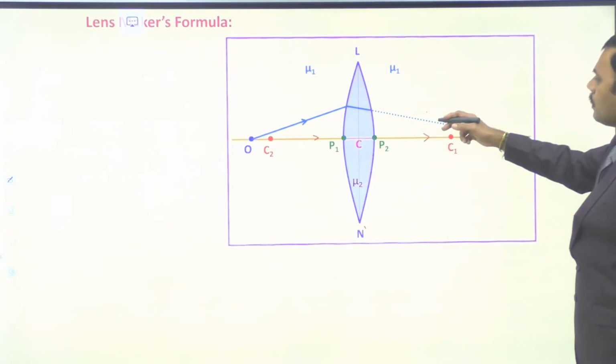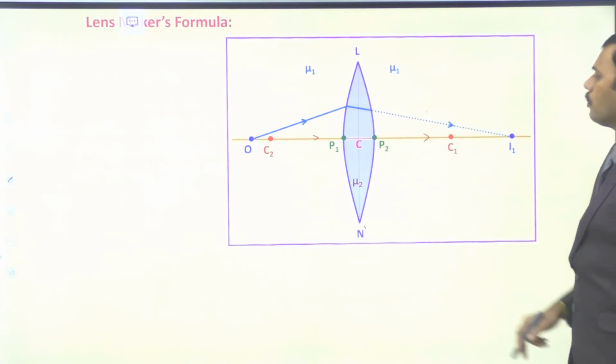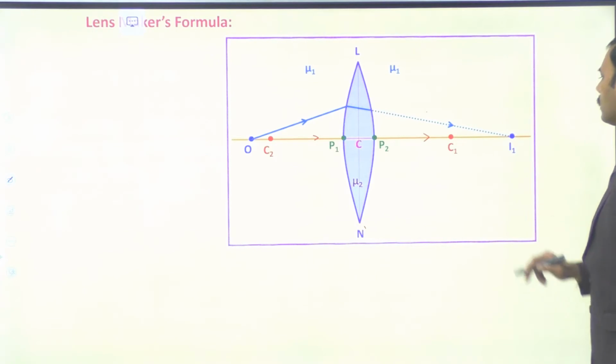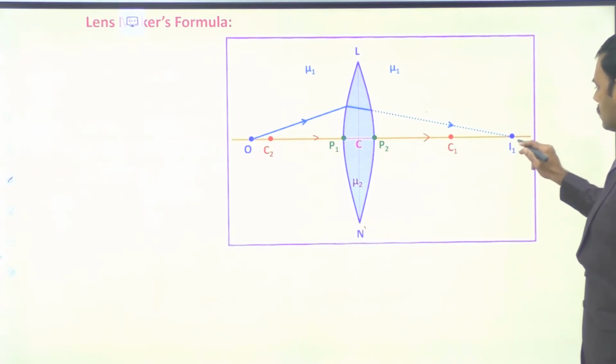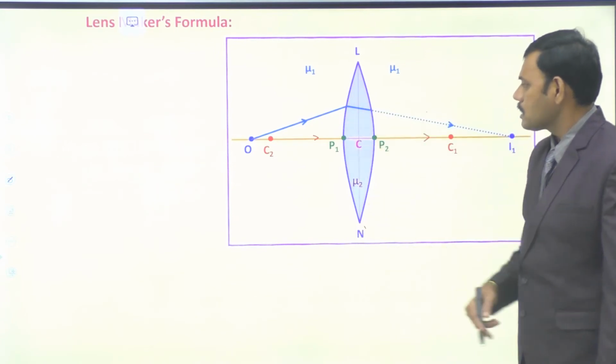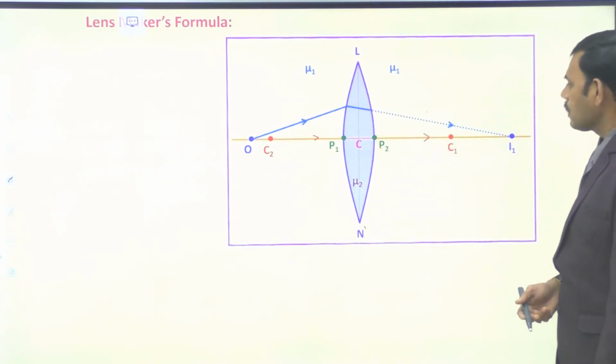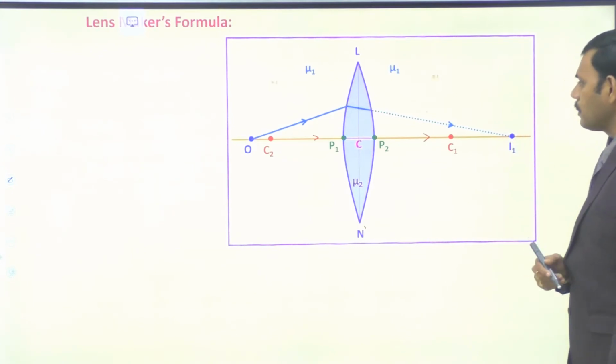The blue color one and the yellow color one are the two light rays considered from O. They intersect at this point, and this is the image formed due to refraction through the first curved surface LP1N. Only due to refraction by the first curved surface we get the I1 image.